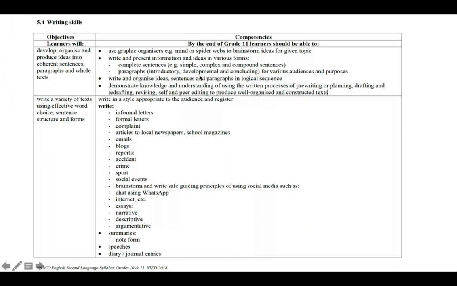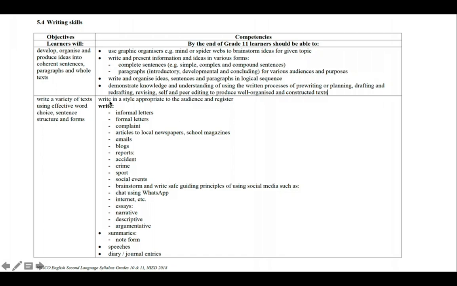Paragraphs: introductory, developmental, and concluding paragraphs, or for various audience and purpose. We have spoken about this when we were talking about the different principles that you need to consider when you are creating or teaching writing. And then write and organize ideas, sentences, and paragraphs in logical sequences. That's more measurable. Do you understand?